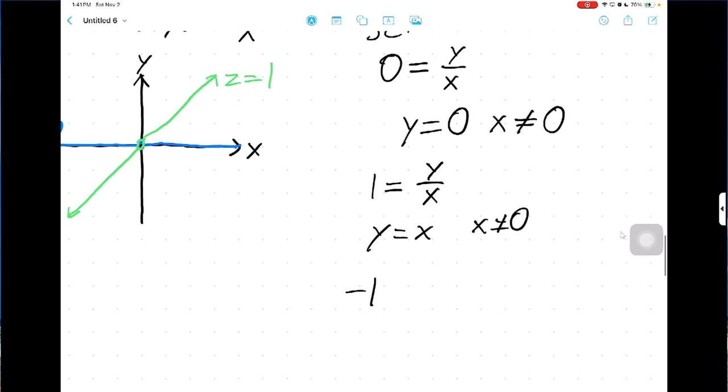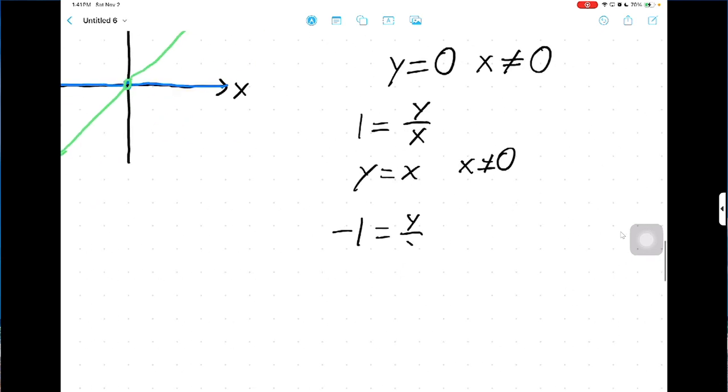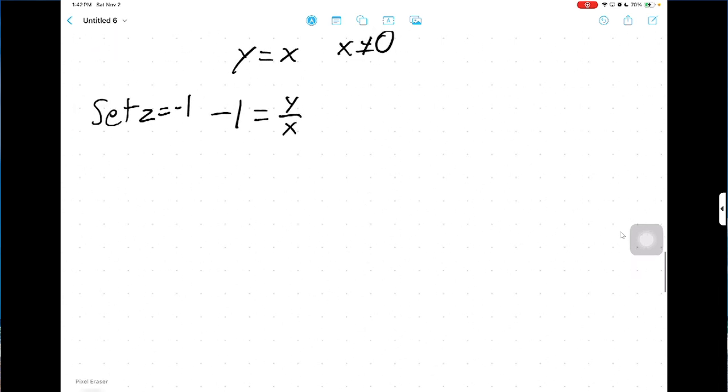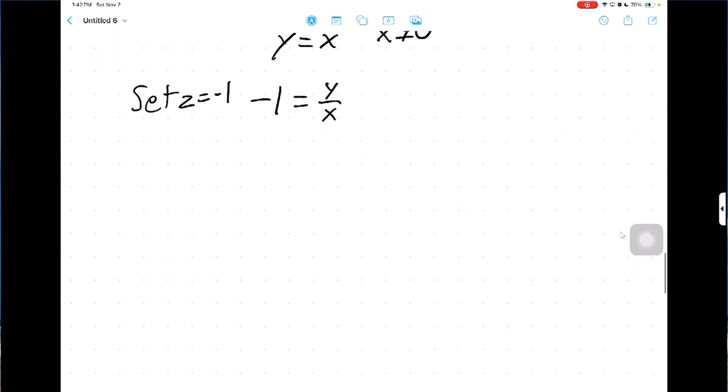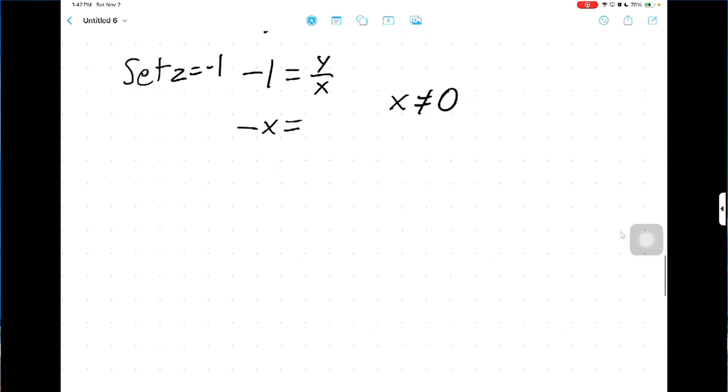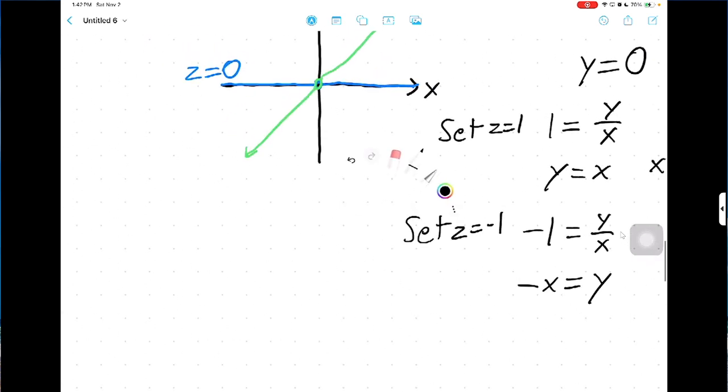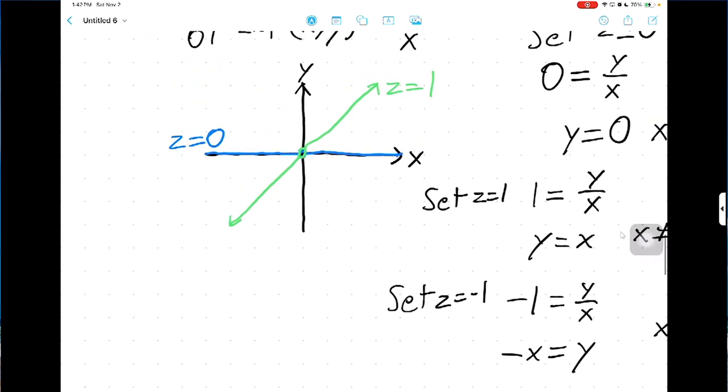We're going to say that z is equal to negative 1. So negative 1 is equal to y over x. If we multiply by x on both sides, knowing well that x cannot be equal to 0, we have negative x is equal to y, which I'm just going to draw in red, is going to look something like this, again with this hole, like so. Z is equal to negative 1.